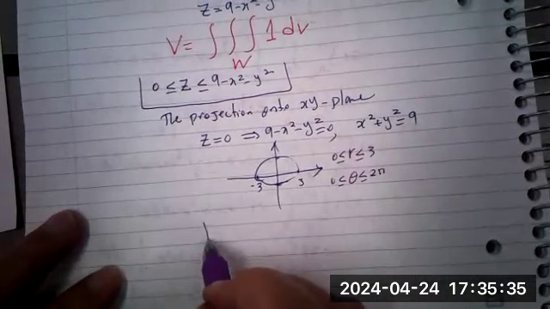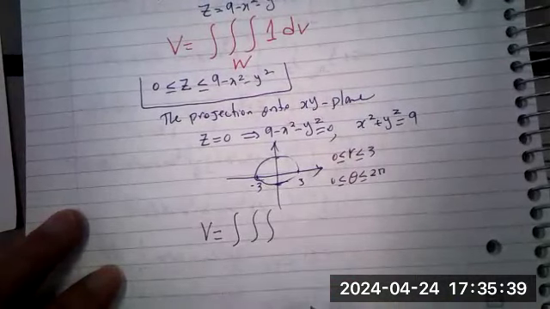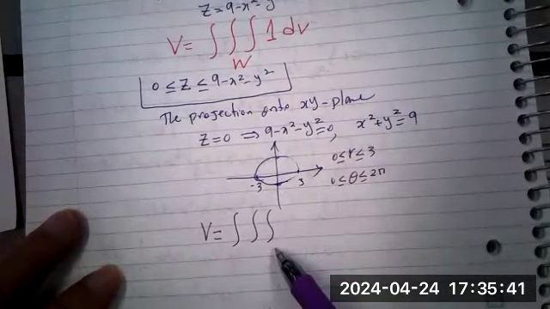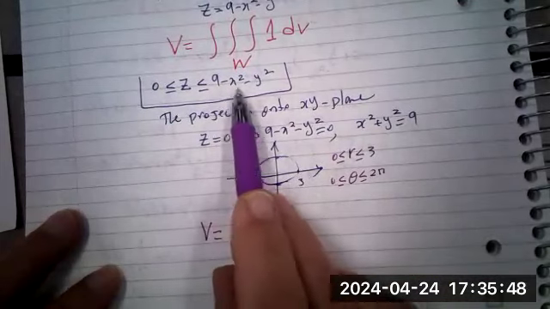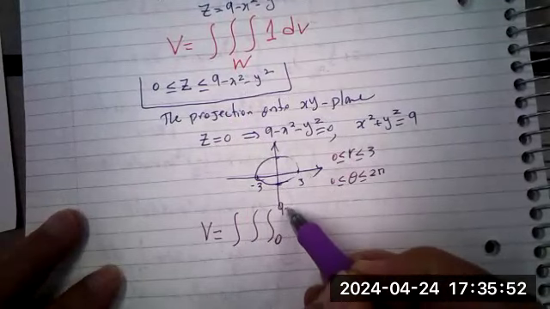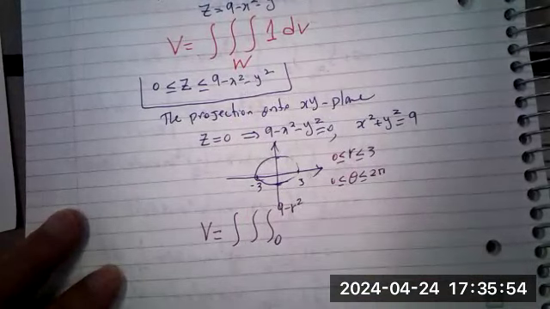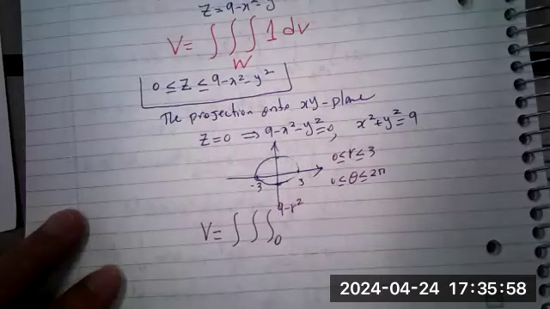The volume would be the triple integral. This would be the change of the z. What is z? z is from 0 to 9 minus x squared minus y squared, which gives 9 minus r squared, because you changed to cylindrical coordinates.